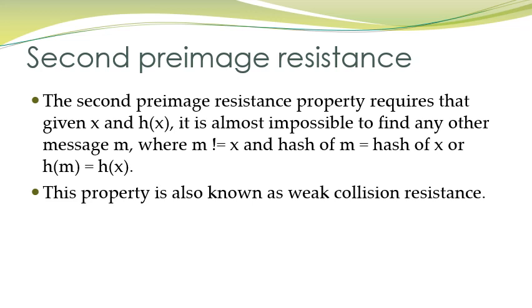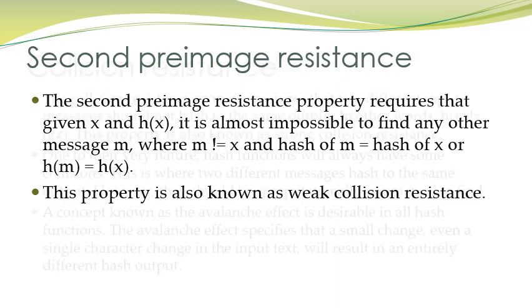There cannot be duplicate hash values, but in some cases there may be duplicate hash values, but it should be practically difficult to calculate such kind of duplicate values. So this is the fourth property of the hash function.